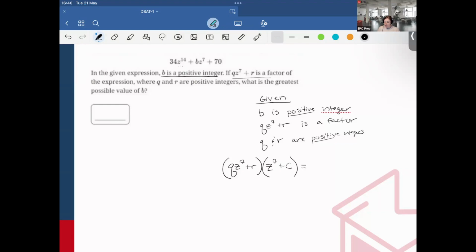And you can see this would all be equal to 34Z to the 14th plus BZ to the 7th plus 70. So let's go ahead and expand here.